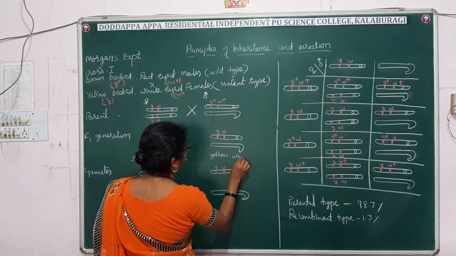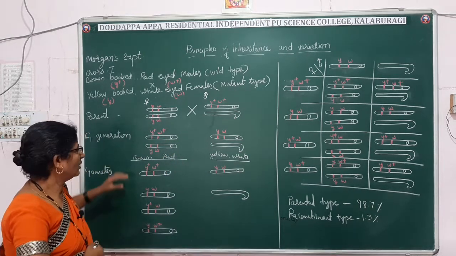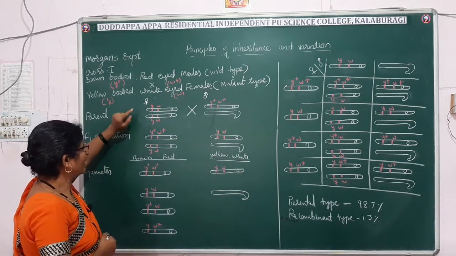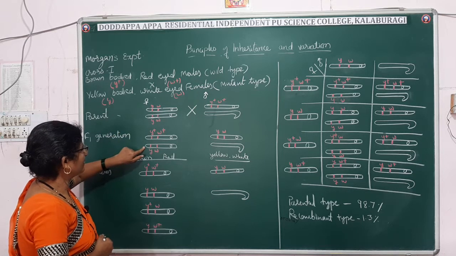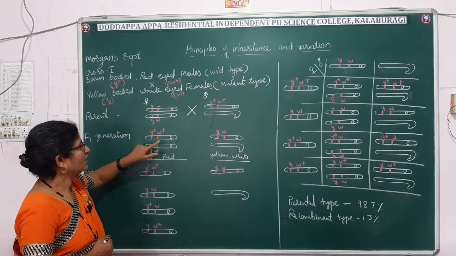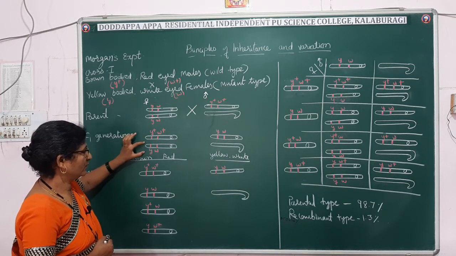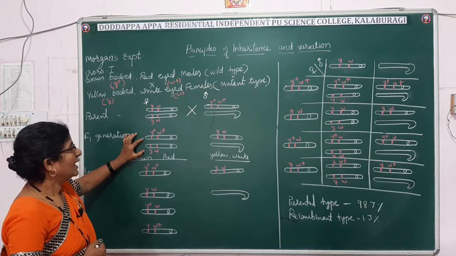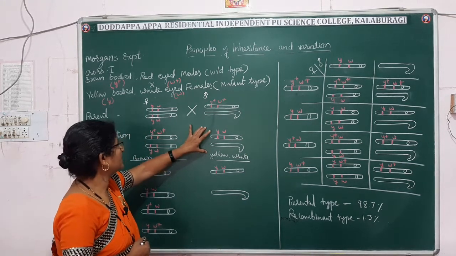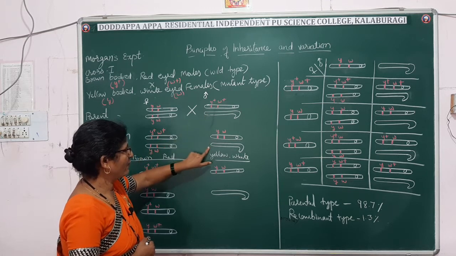All the males were having yellow body and white eye. Fine. And you know that all females will receive one X chromosome from the mother and one X chromosome from the father. So here we wrote the wild type chromosome first and then the mutant type, and all the males will receive their X chromosome from the mother and Y chromosome from the father.